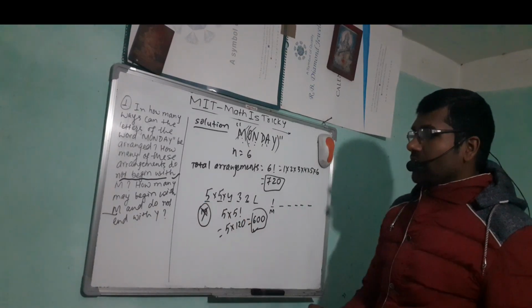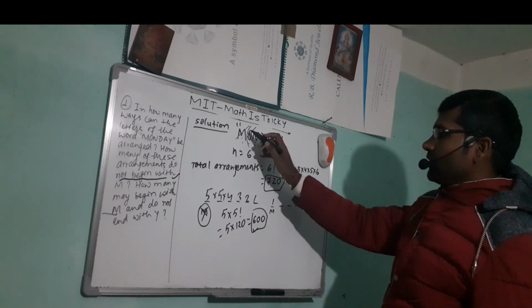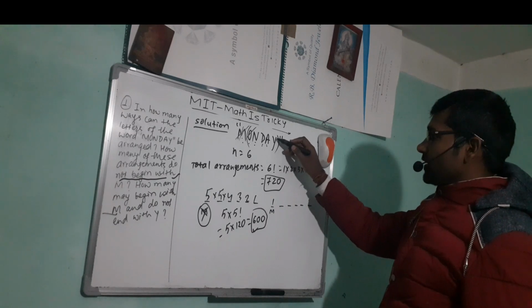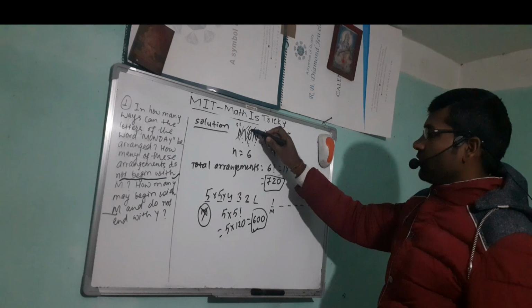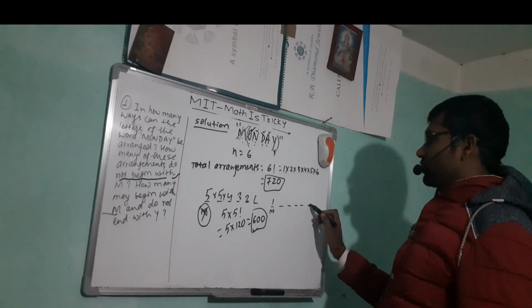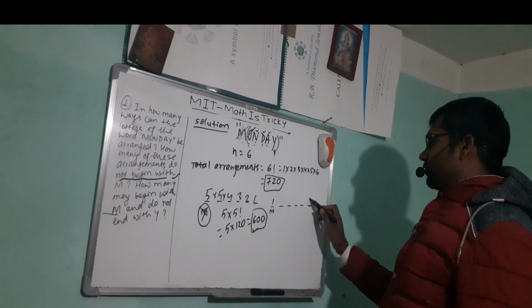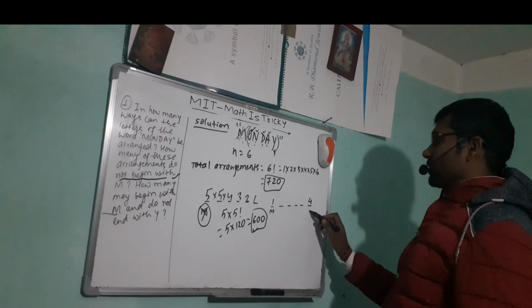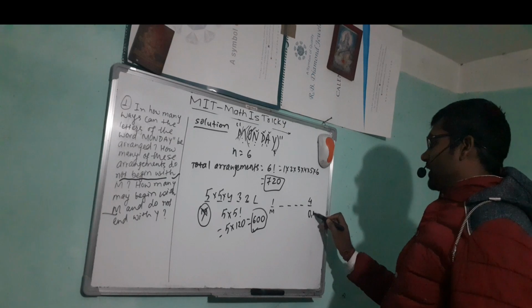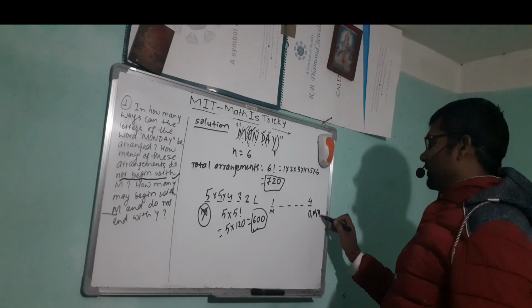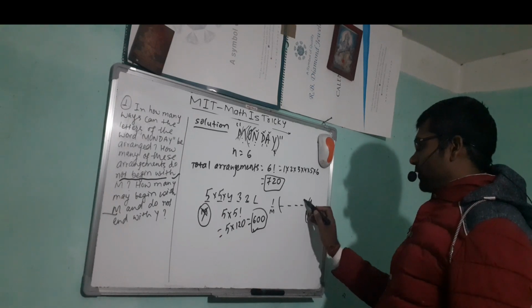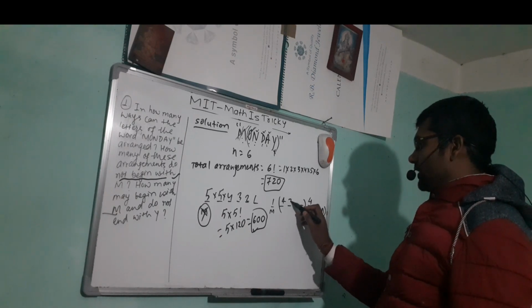Again we are not allowed to put Y at the end. So for the remaining places, 4 choices: M is already used, so O, N, D or A. Now the remaining 4 letters can be arranged in 4, 3, 2, 1 ways.